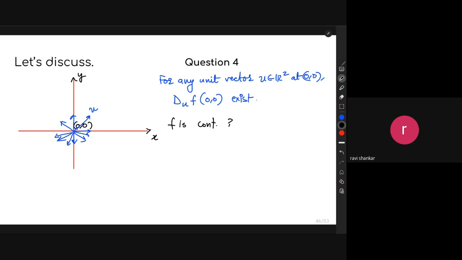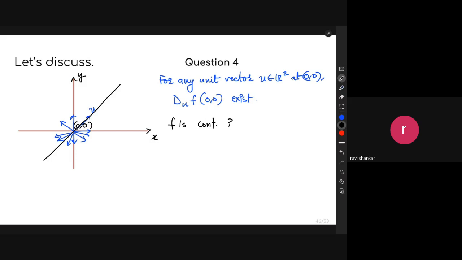I will show that you can always construct a function whose directional derivatives exist, but which is not continuous. So how do we construct such a function? When I say a directional derivative exists, that means the derivative makes sense in that direction.